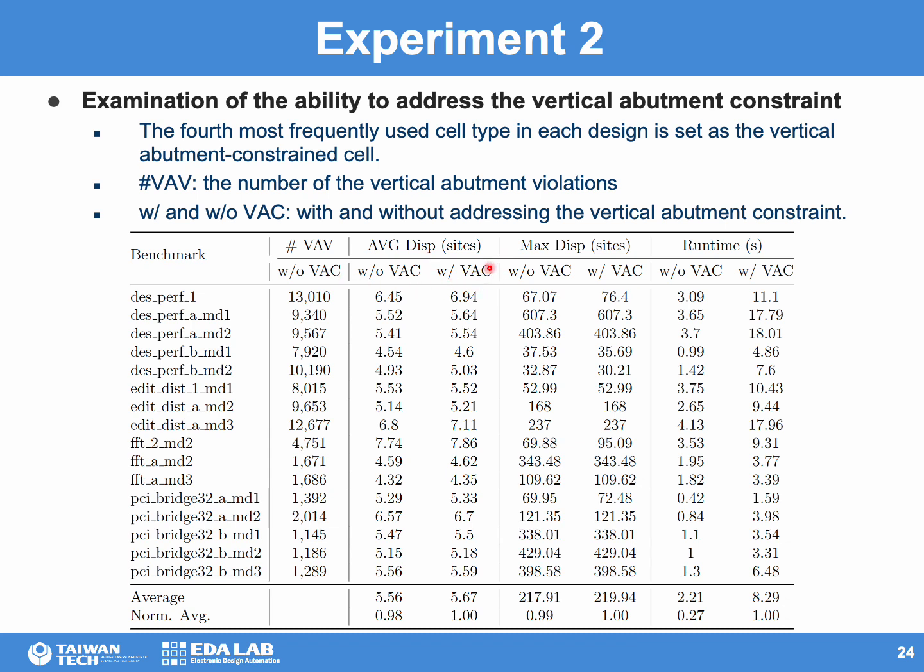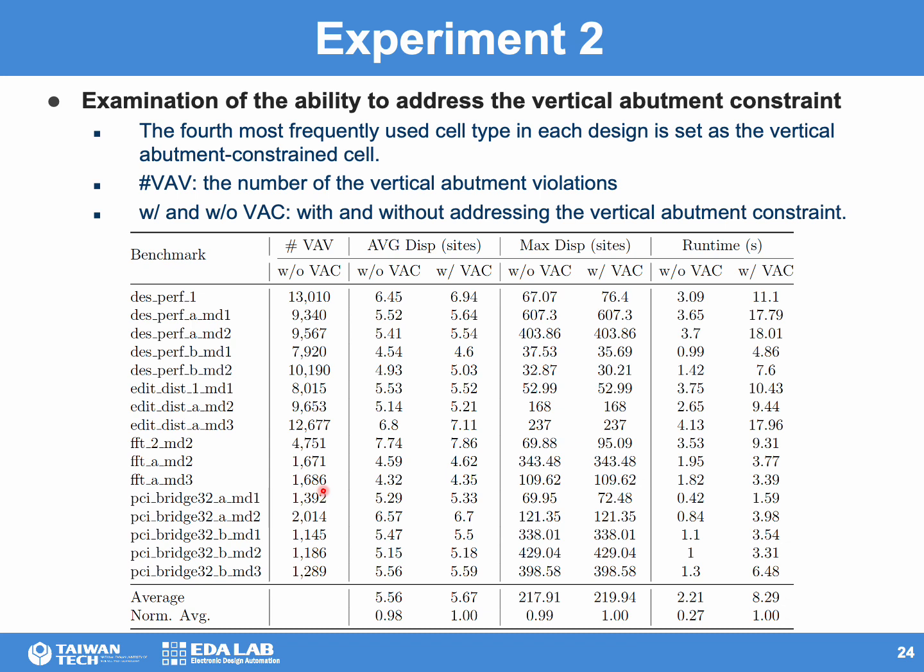The with VAC column represents our algorithm's performance after considering the vertical abutment constraint. In the number of VAV column, the value is the number of vertical abutment violations when not considering the constraint. After incorporating the vertical abutment constraint, our algorithm generates solutions without any violations.